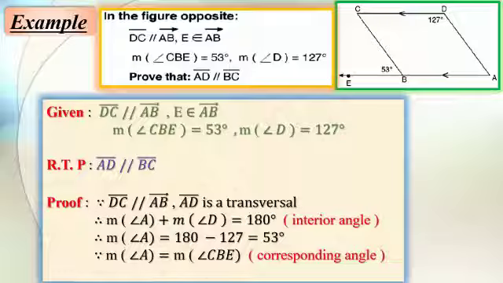Then the measure of angle A equals 180 minus 127, which is equal to 53 degrees. Then the measure of angle A equals the measure of angle CBE, and AE is a transversal, okay, as corresponding angles. Then AD is parallel with BC, and this is our required.